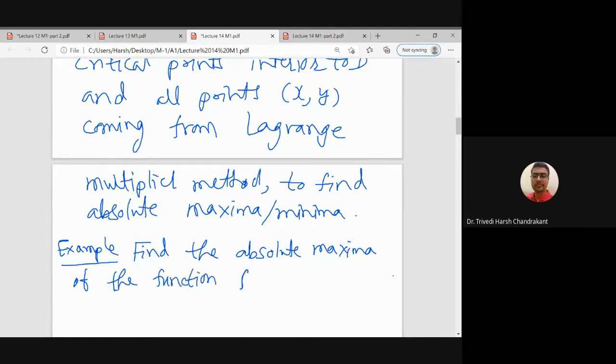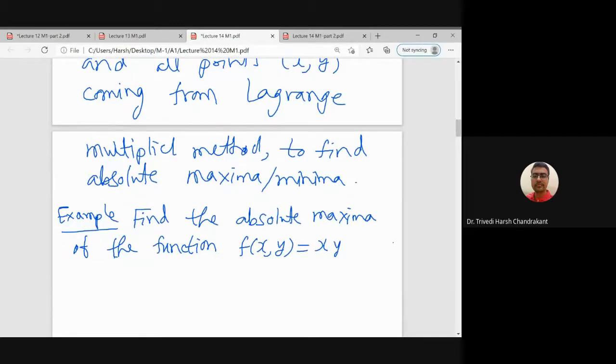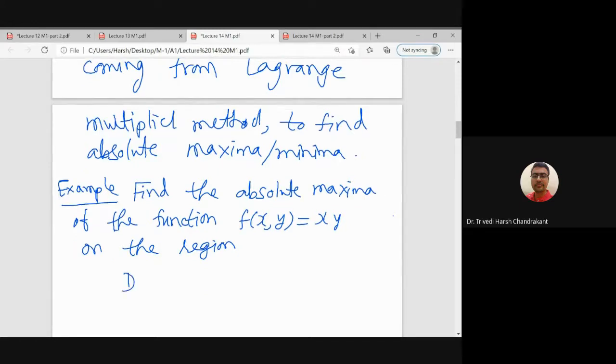We are given the function f of x y equals x times y. Alright, this is a two variable function, and the region we are given is D equals all the points x y which lie on the circle as well as inside the circle.